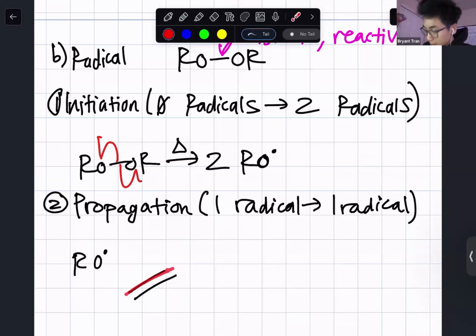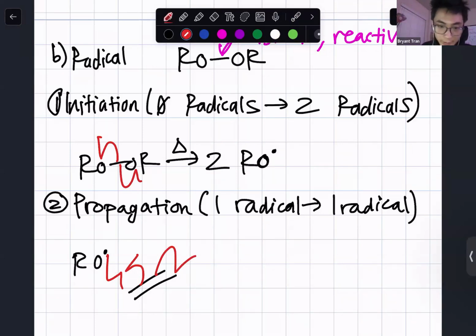I'm gonna focus on one of the bonds of the alkene, which represents two electrons. One electron of that bond is going to react with that OR radical. The other electron of this bond is going to move onto the other side of the carbon of the alkene, giving us this molecule here.